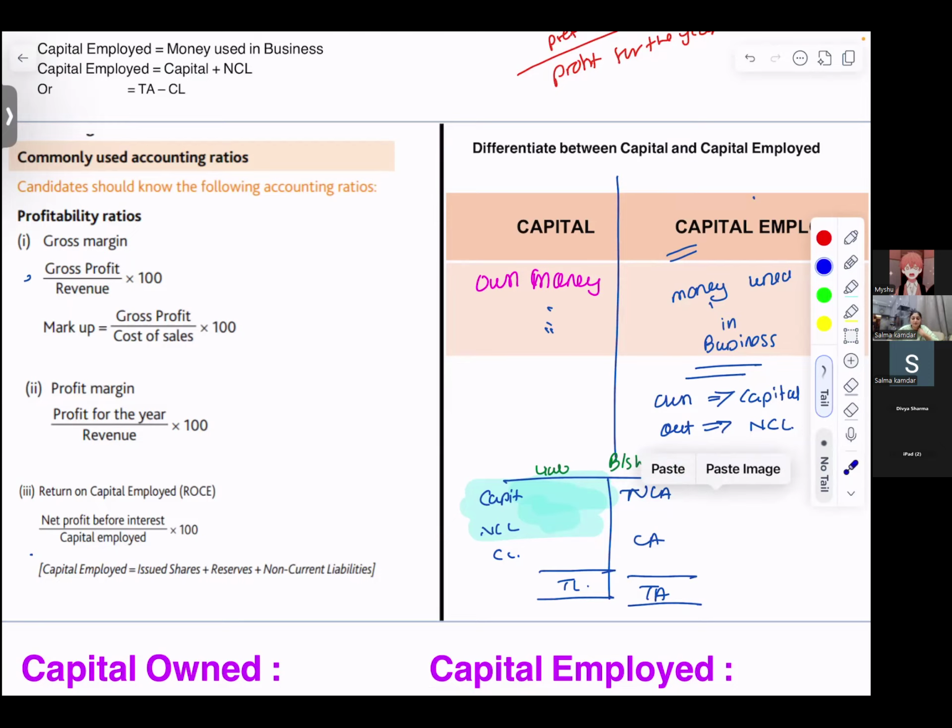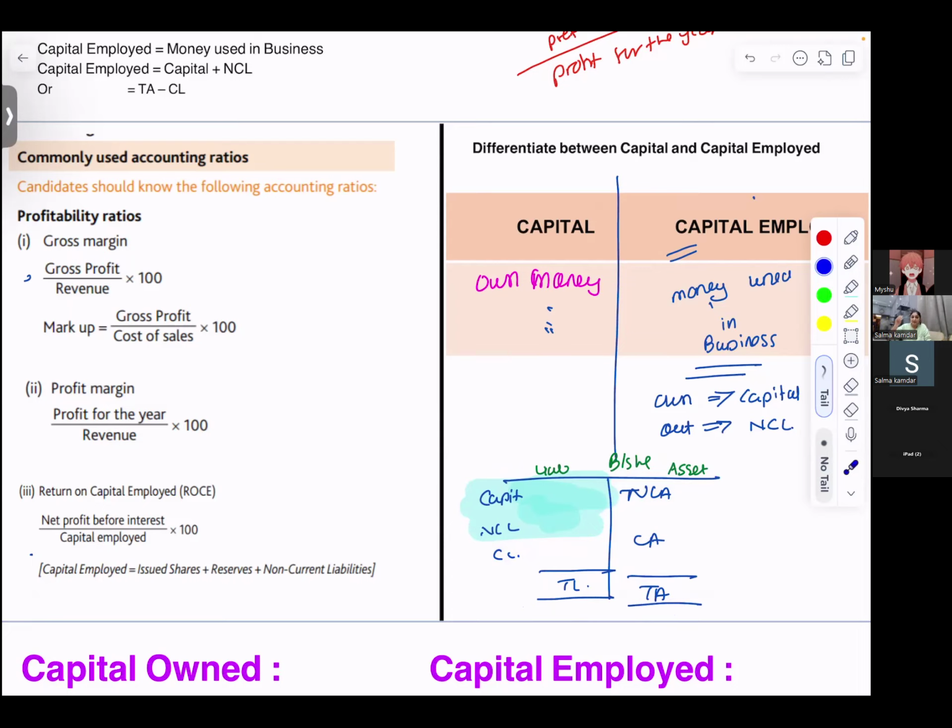Capital employed is this blue part: total liabilities minus current liabilities. Another formula to find capital employed: total assets minus current liabilities. I hope you're with me.